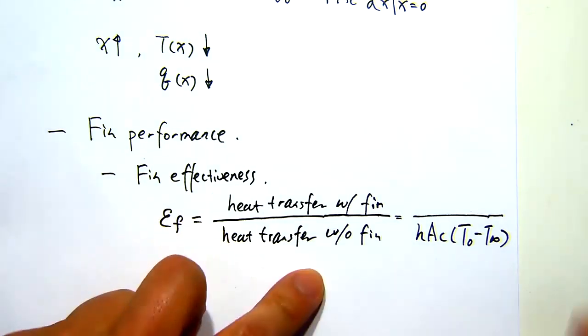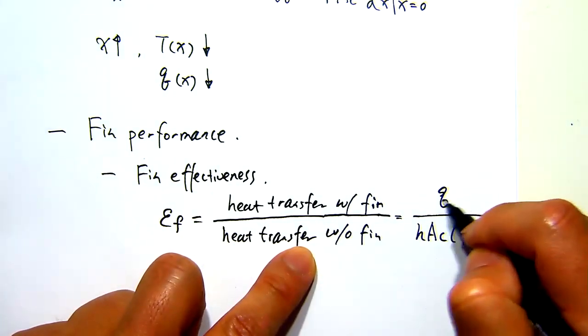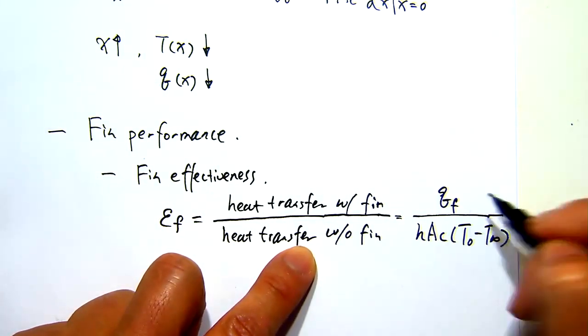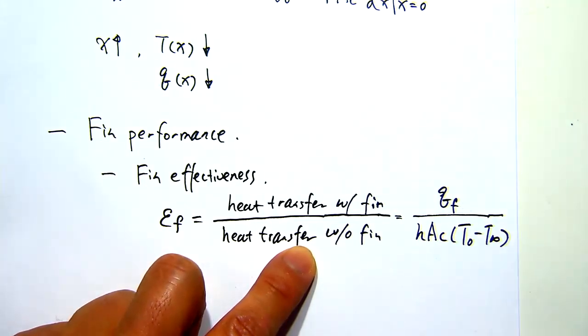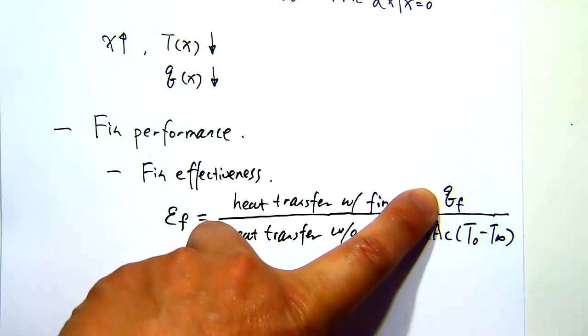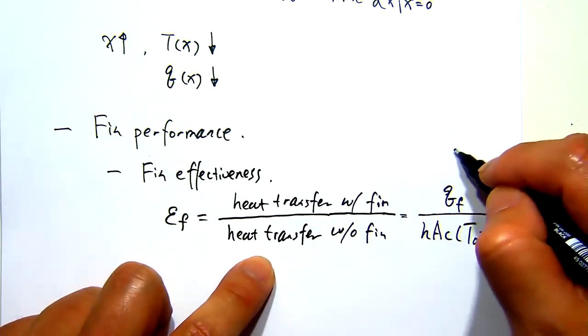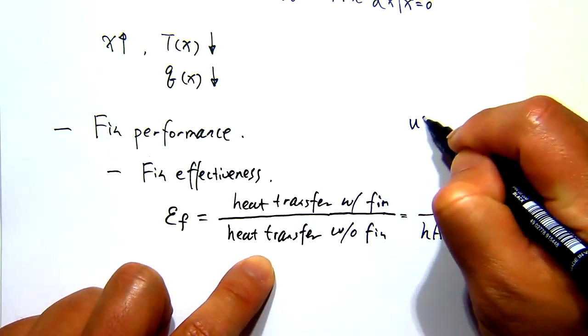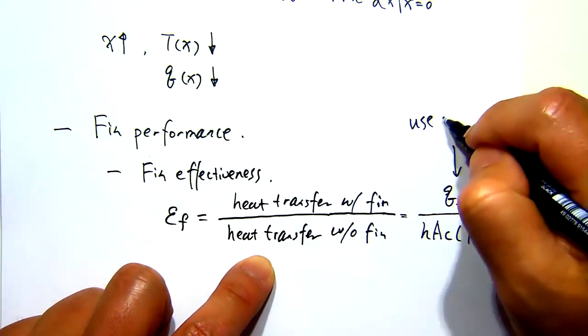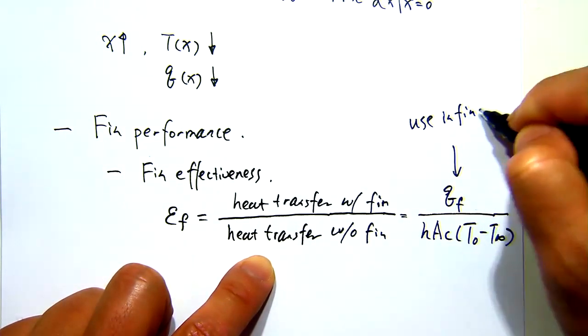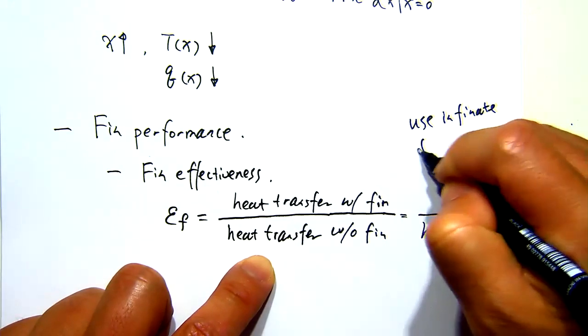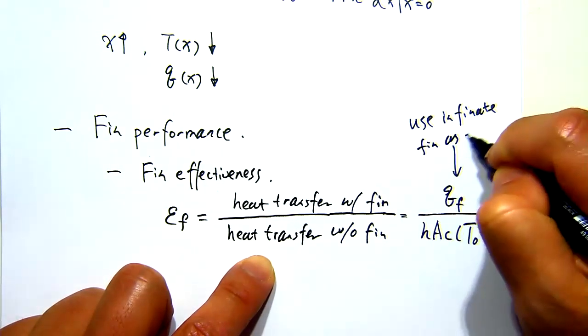The other one is with the fin. So let's say this is a Q fin case or Q_0, and we know there are 4 conditions, right? So we will use a special case, which is an infinite fin, as an example.